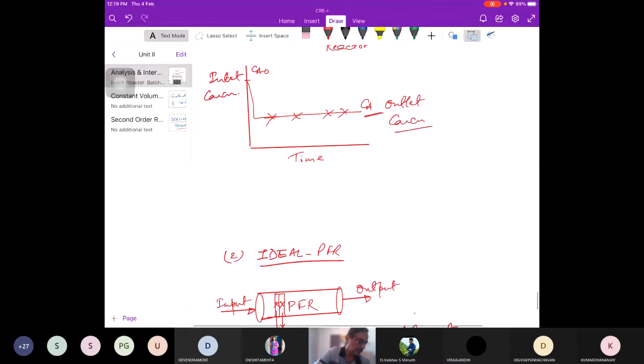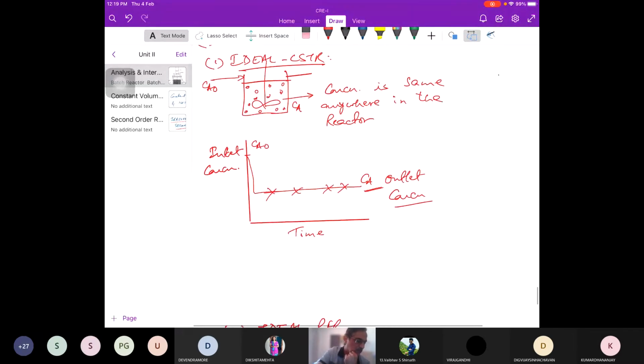Any difference between PFR and CSTR? Any questions on difference between CSTR and PFR? हेलो सर, वो एक बार टाइम ग्राफ बताओ ना.